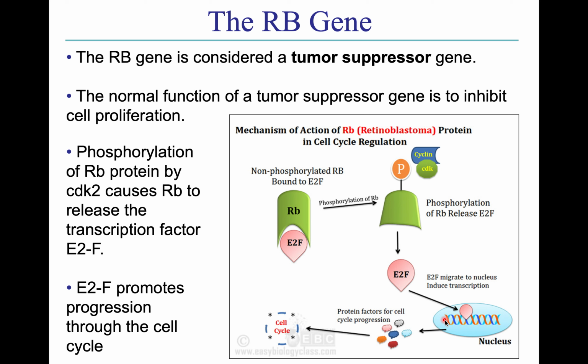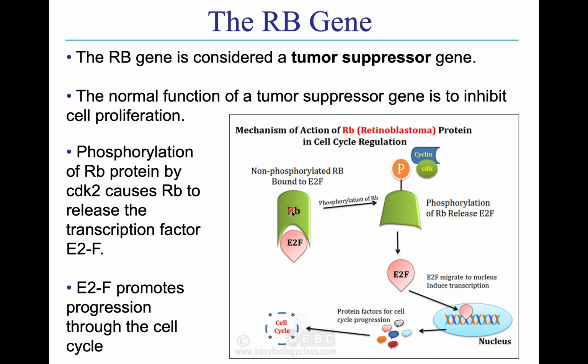So in the normal situation, we would only move past that checkpoint if cyclin CDK shows up, phosphorylates the retinoblastoma protein, causing it to now release the transcription factor. But in our hereditary cancer, right, you have basically inherited one mutated version of retinoblastoma. So you have one copy of the protein now that's not working. You do still have one good copy that's enough to keep you healthy.